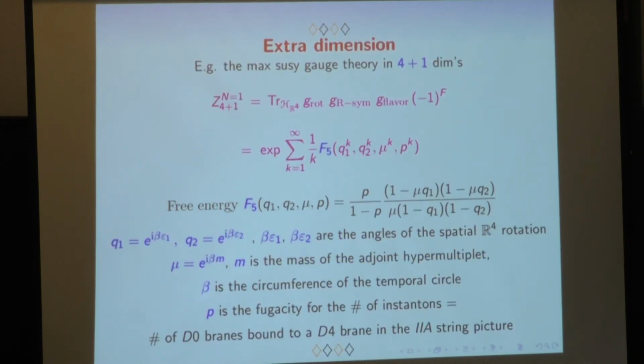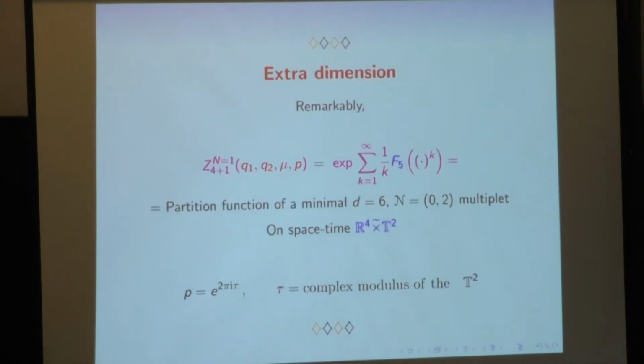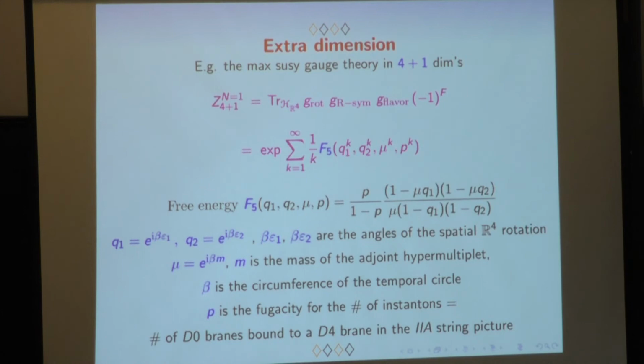So the simplest example of that computation is a slight upgrade of what I discussed so far. It's the partition function of a 4+1 dimensional theory compactified on R4 cross S1. So the partition function you can interpret in the Hamiltonian fashion as the trace over the Hilbert space obtained by quantizing the theory on R4.